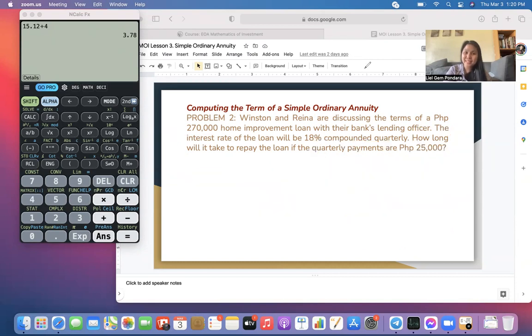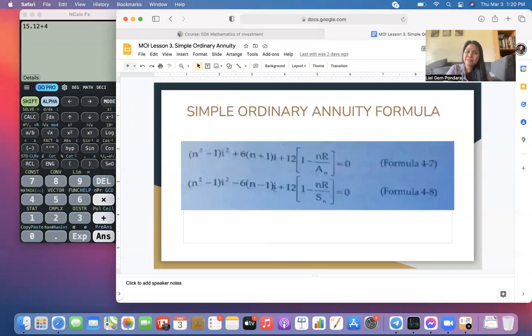Let's go to the next type of problem. Now this time, let's solve for the interest rate. How are we going to solve for the interest rate? This looks like a complicated derivation of the formula, but here's what we will do.